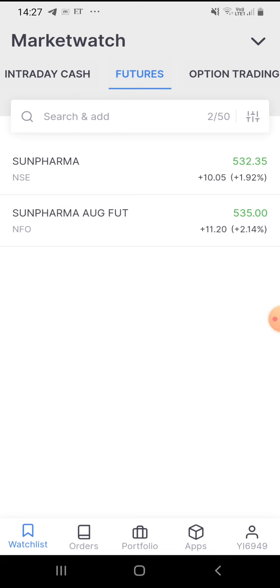In options, even if the market goes down or the market goes up, we will buy, but the difference is we are buying different things. That is, we have call option and we have put option. So if we are thinking that the market will go up, then we will buy call option. Note it down.